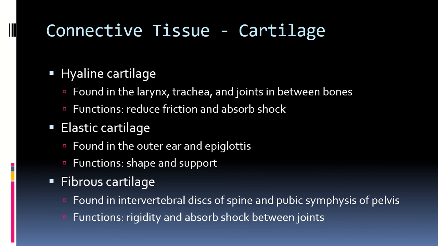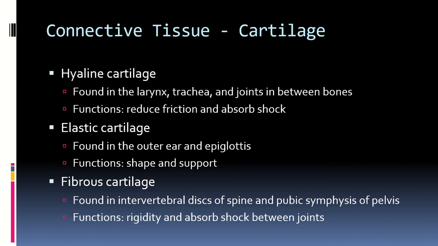So essentially, there's a slight gap in the bone in your pelvis. There's some fibrous cartilage inside that gap to help keep everything nice and functional. Now, its primary functions are just to provide some rigidity and to absorb shock in the joints, or between the joints.